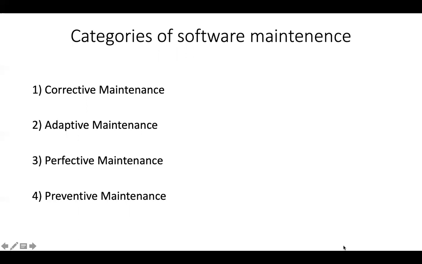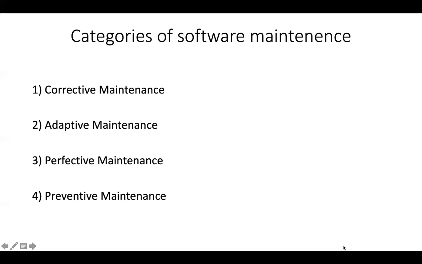Perfective maintenance is maintenance to support new features that the user wants, or to change different functionalities of the system according to customer demand. So when the customer wants new features or changed functionalities based on their demands, perfective maintenance is done to improve the perfection.